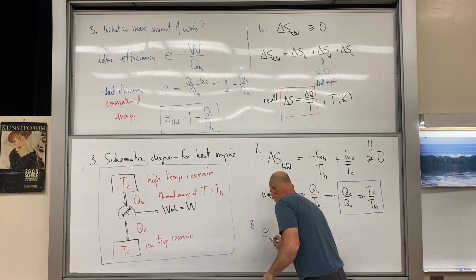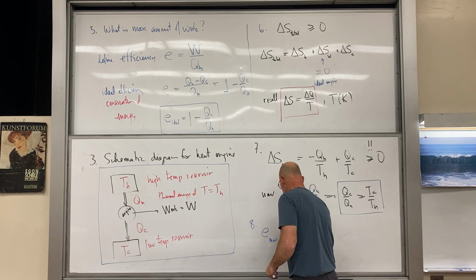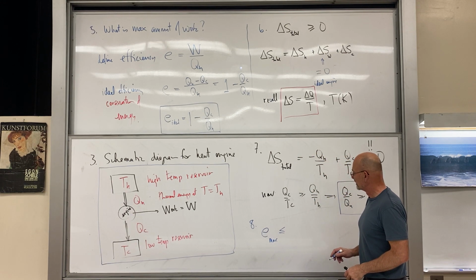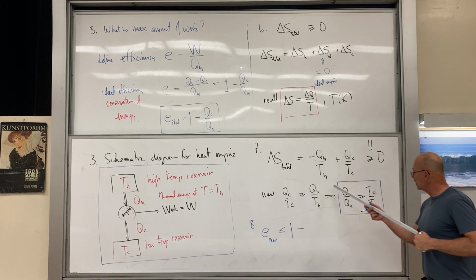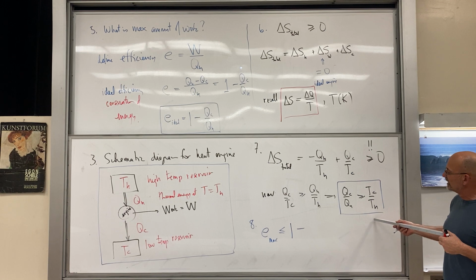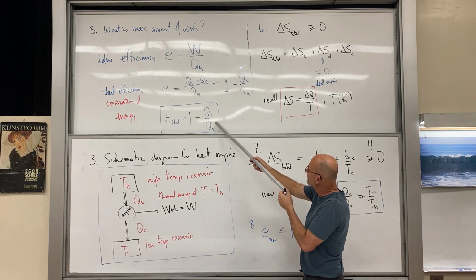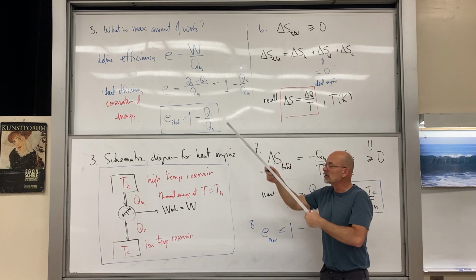E maximum is going to be less than or equal to 1 minus, now, see, if QC over QH is greater than or equal to TC over TH, then 1 minus TC over TH is less than or equal to 1 minus QC over QH, okay?